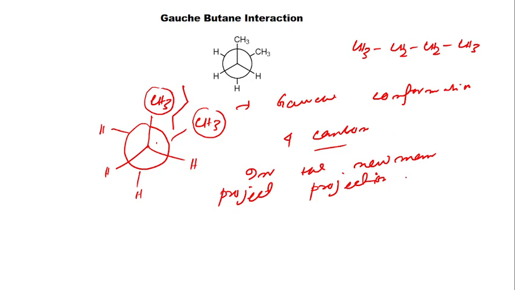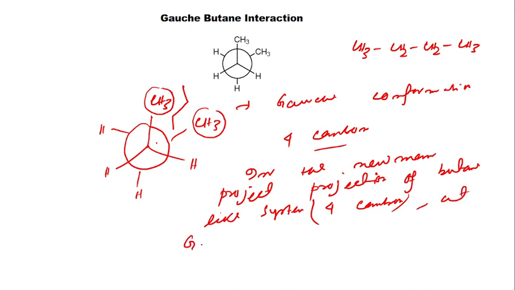That's why in the Newman projection of butane-like systems, let's configure that 4 carbon at gauche positions.